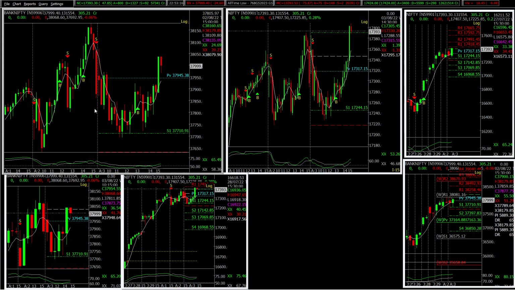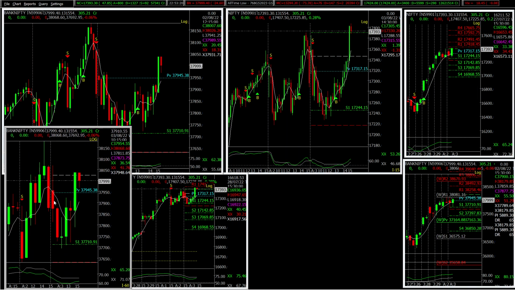During the 9:45, in the 60-minute chart, we have seen this candle forming. Generally, to get an accurate momentum trade, the candle which is forming in 60 minutes should be below the white line, and the previous candle should also be below the white line.